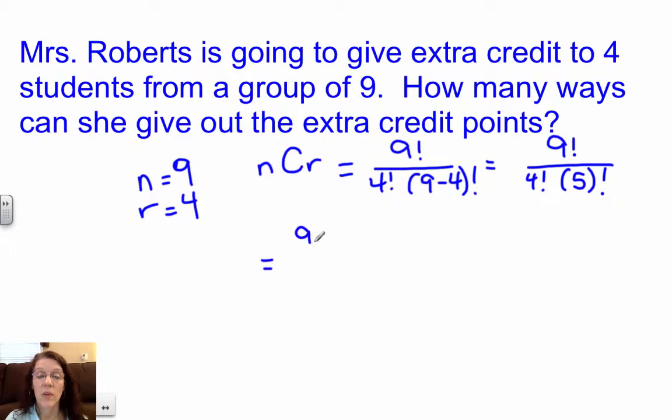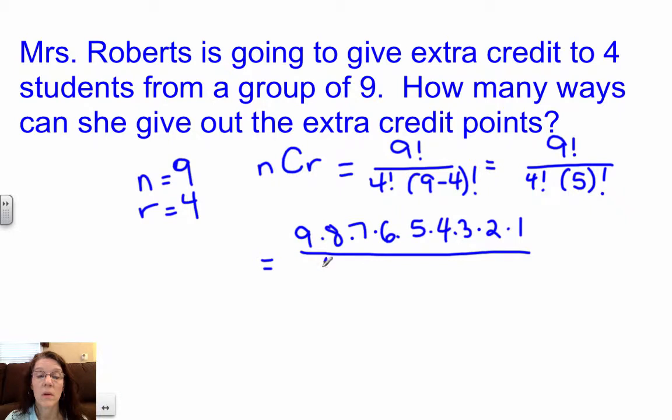So 9 factorial is 9 times 8 times 7 times 6 times 5 times 4 times 3 times 2 times 1, all over 4 times 3 times 2 times 1 times 5 times 4 times 3 times 2 times 1.